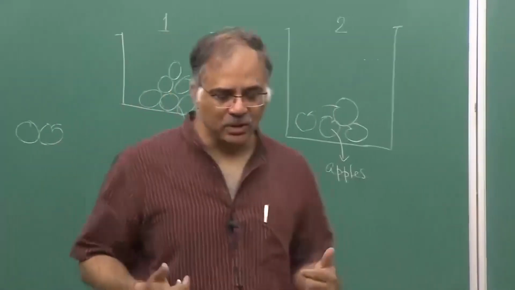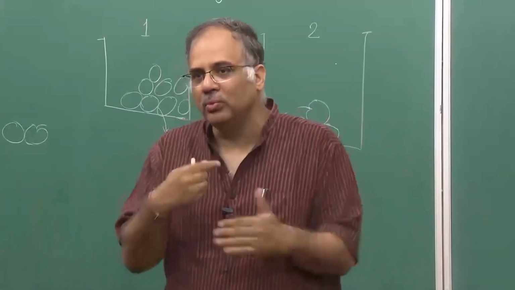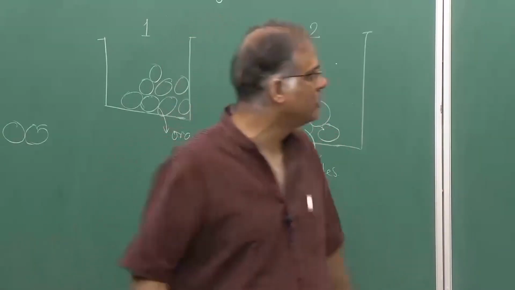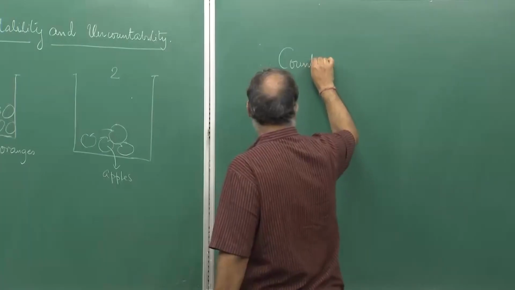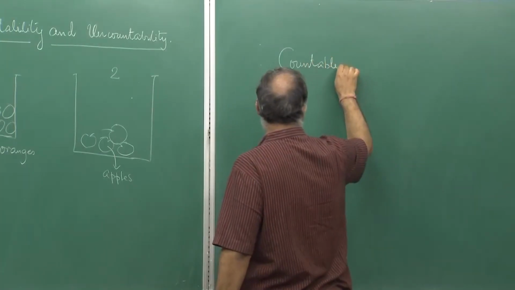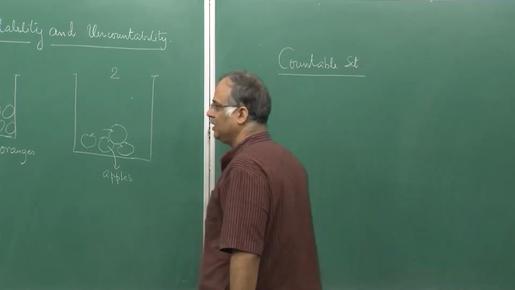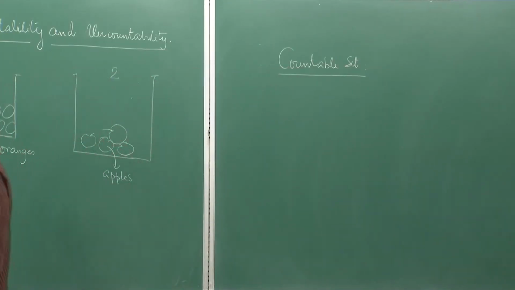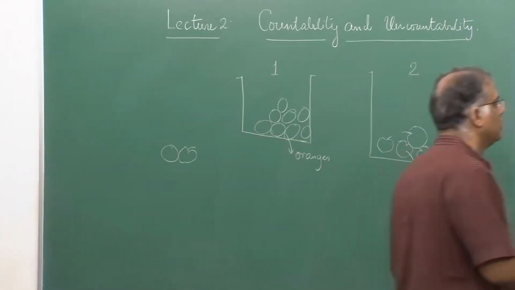What these numbers 1, 2, 3, 4 did is that they made a basic set by which you can do all those correspondences. So let us now talk about a countable set. A countable set is a set whose elements can be put in one-to-one correspondence with the set of natural numbers.